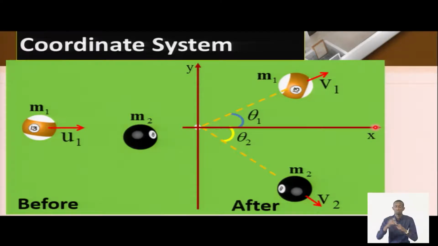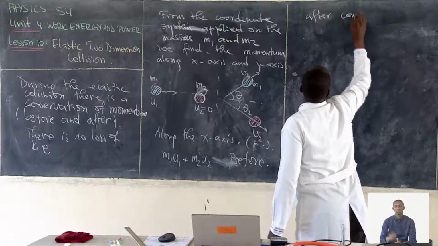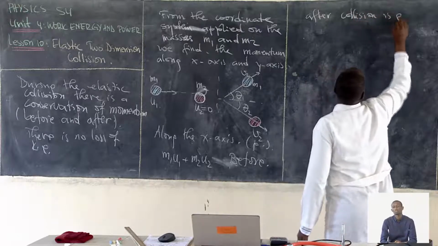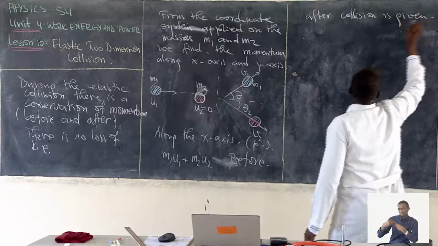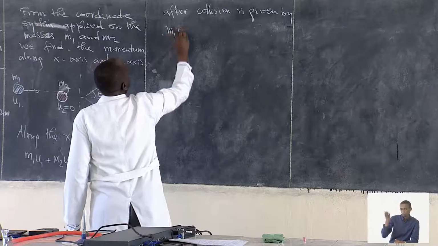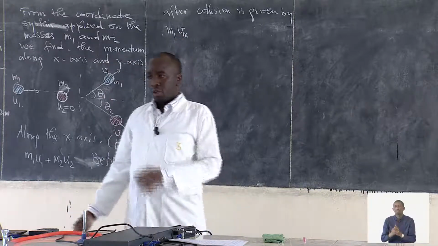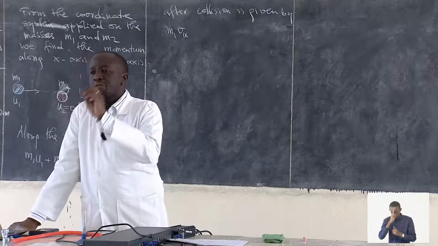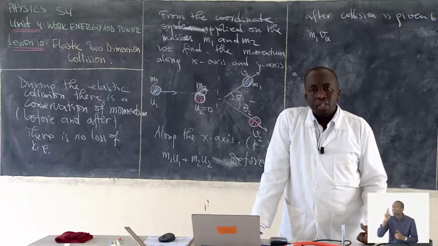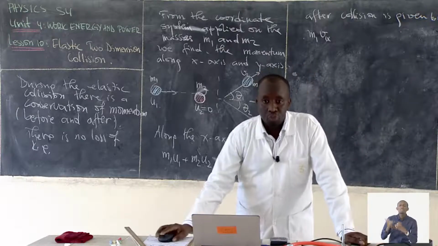So let's say the momentum after collision is given by M1 V1x. You have to understand why I'm saying Vx. The reason is the component that I told you about.